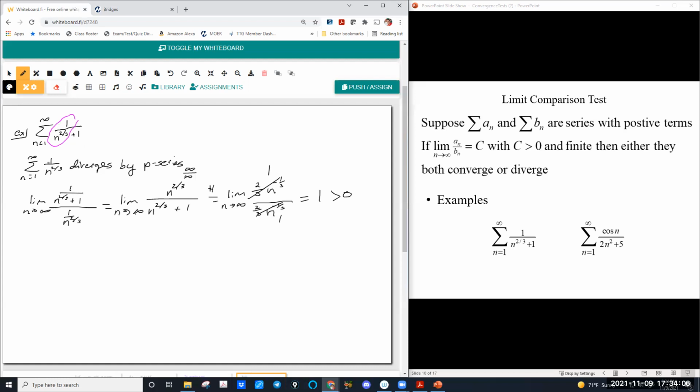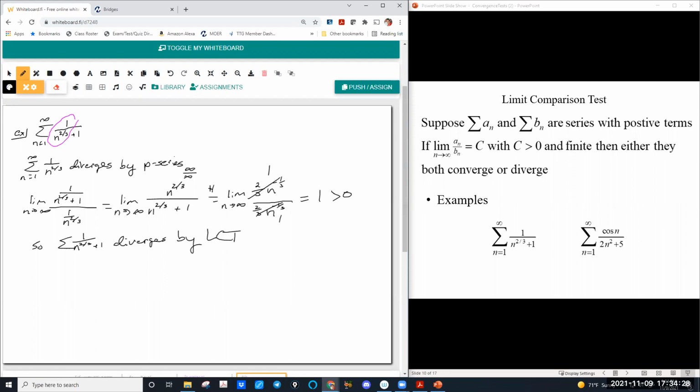We already said the series we compared it to is divergent. So our series diverges by the limit comparison test. So we satisfy our hypotheses.